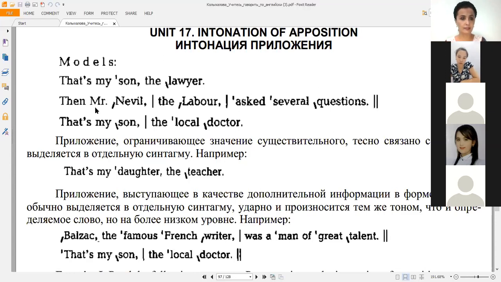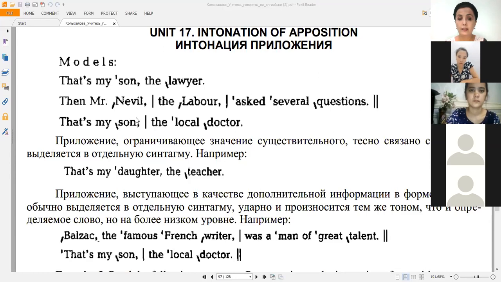So then Mr. Neville, the Neville is pronounced with the low rising nuclear tone. We are talking about this noun, about Neville. In fact, we are giving additional information here about this noun, laborer. So then Mr. Neville, the laborer, asked several questions.